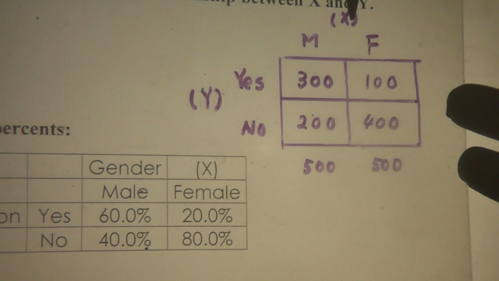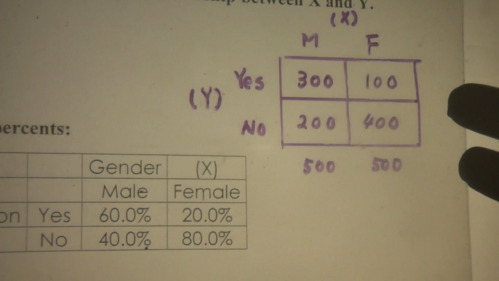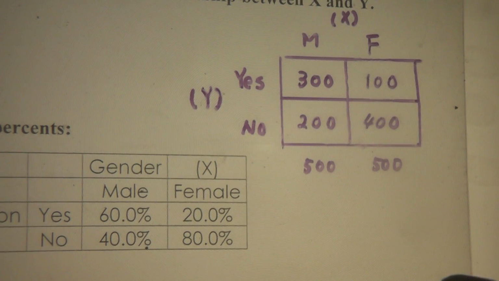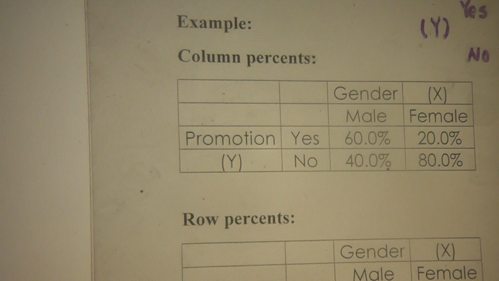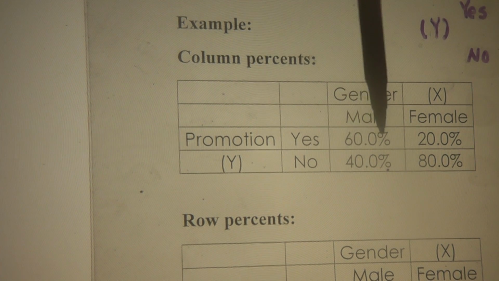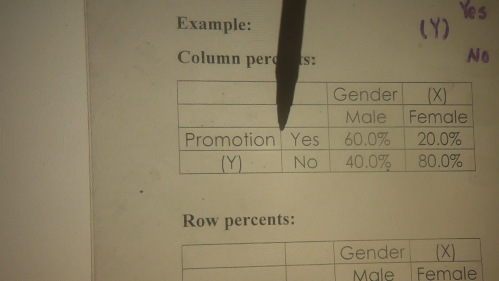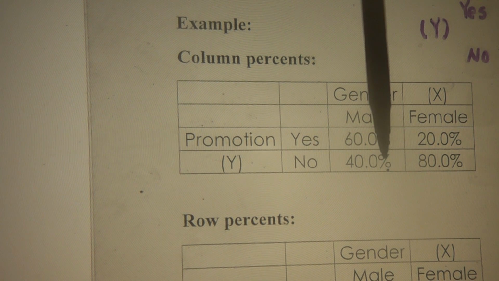But gender is a column variable, so we should compute the column percent. Now, what is column percent? What is row percent? Let's look at the table. Column percents: 60%, 40%. 60% of male workers got promoted in the last 3 years. 40% of male workers did not get any promotion in the last 3 years.